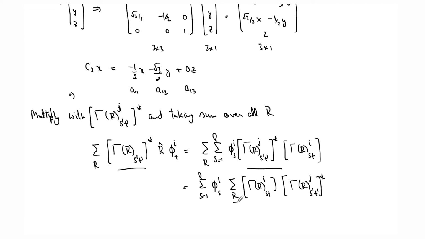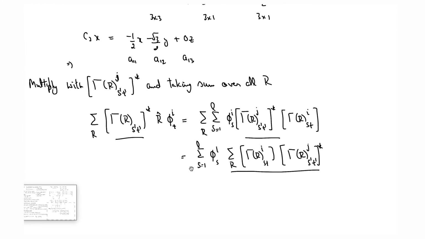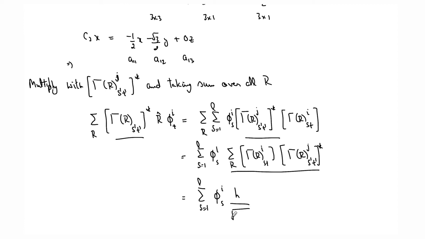Now I know what this is, right? This is using great orthogonality theorem. I can rewrite this again. So this actually becomes summation s equal to 1 to L phi s i, h upon square root of Li Lj, delta ij delta s prime delta t prime, right? So this is easy to see.